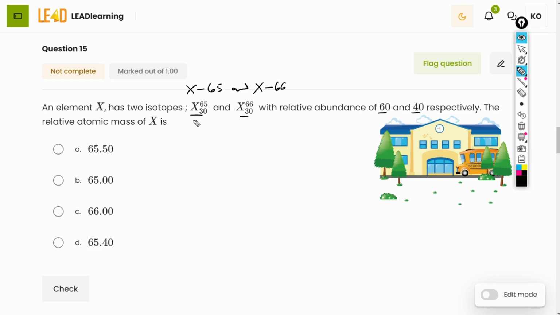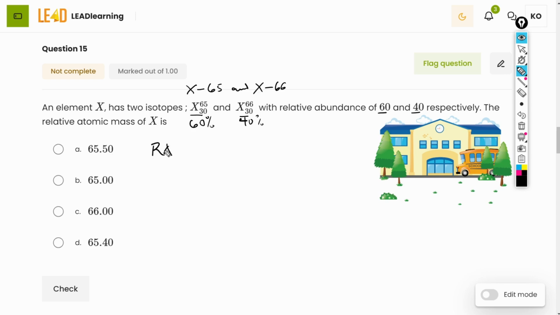So this is 60% and this abundance is 40%. The relative atomic mass of X is, now to get the relative atomic mass of X, we need to get the relative atomic mass of each of these isotopes and then combine them using the simple formula.